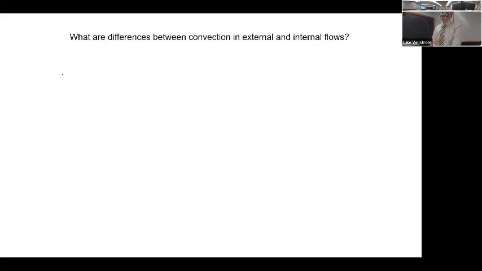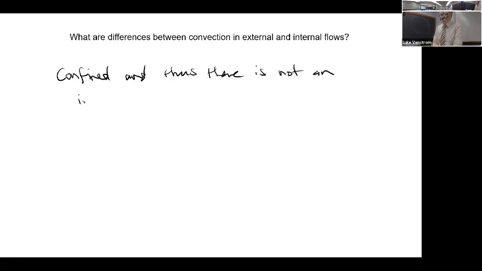So I think by limited volume, I know what you're saying. Essentially what you're saying is the flow is confined, and thus there is not an infinite, so to speak, energy reservoir.